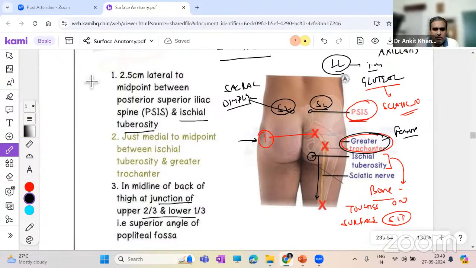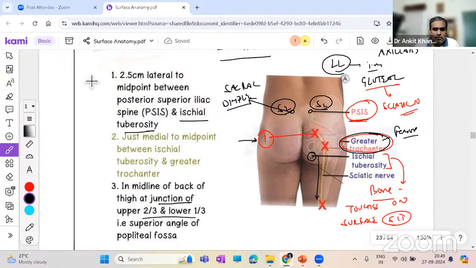So if nurses, doctors or medical staff are giving an IM injection in the gluteal region, make sure it is not in the path of the sciatic nerve. When we teach students how to give IM injections, we make a plus sign and divide the buttock into 4 parts: superomedial, superolateral, inferomedial, inferolateral.